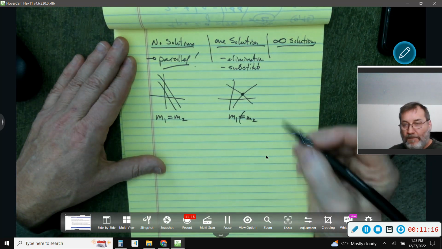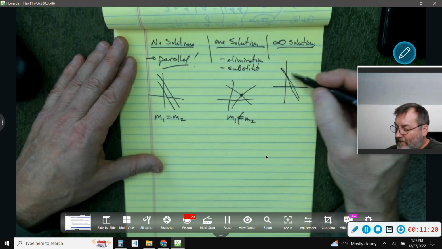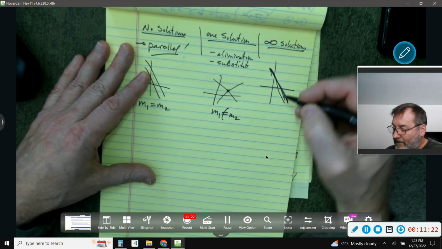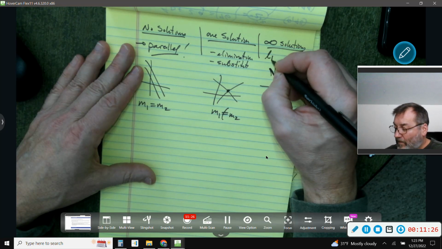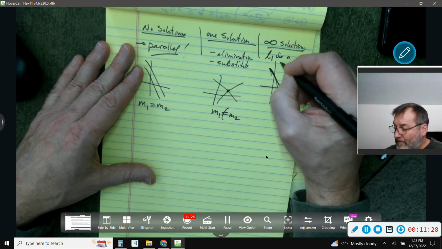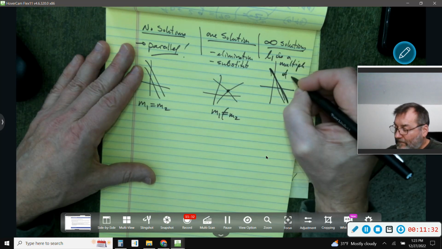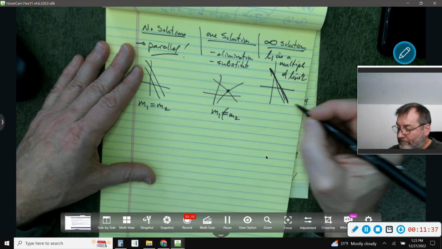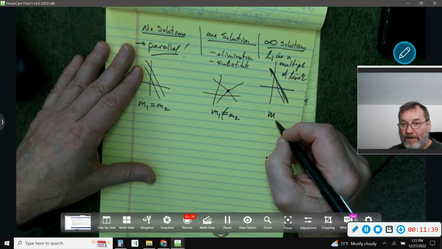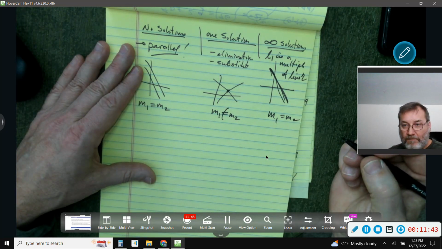Infinite solutions means that the two lines are one on top of the other. They're basically multiples of each other. So line 1 is a multiple of line 2. And of course, if it's the same equation, then the two slopes are the same.